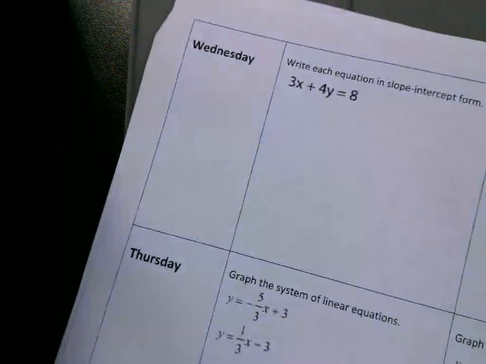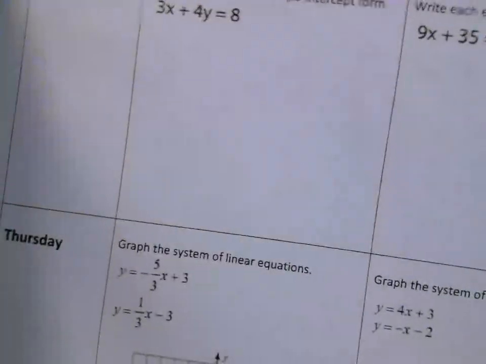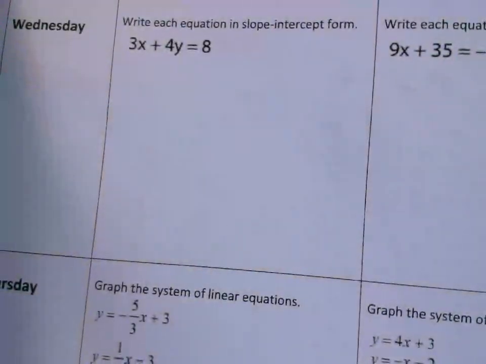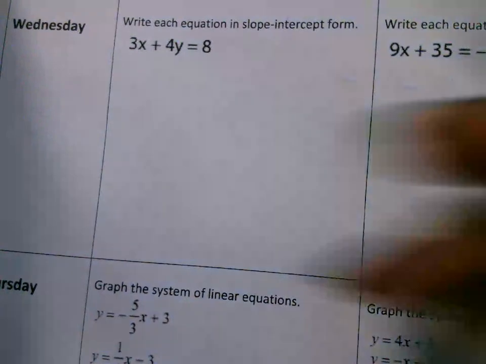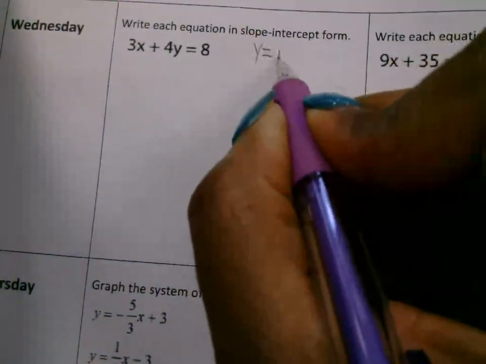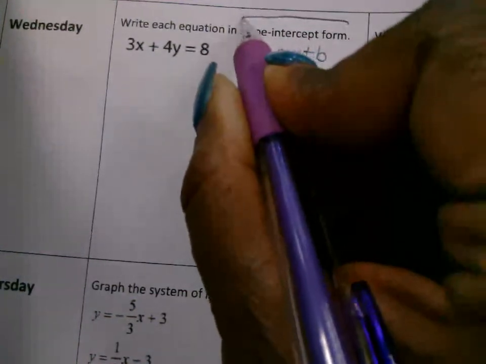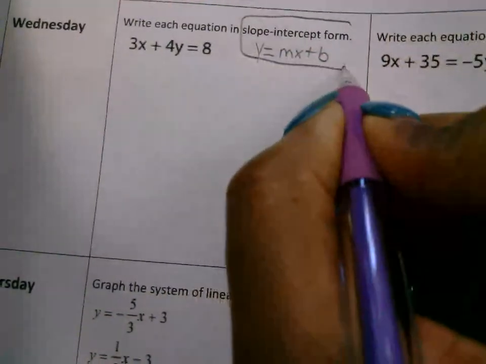You ready? All right. So we're going to be writing this equation in slope-intercept form, which is y equals mx plus b. Y equals mx plus b is slope-intercept form.